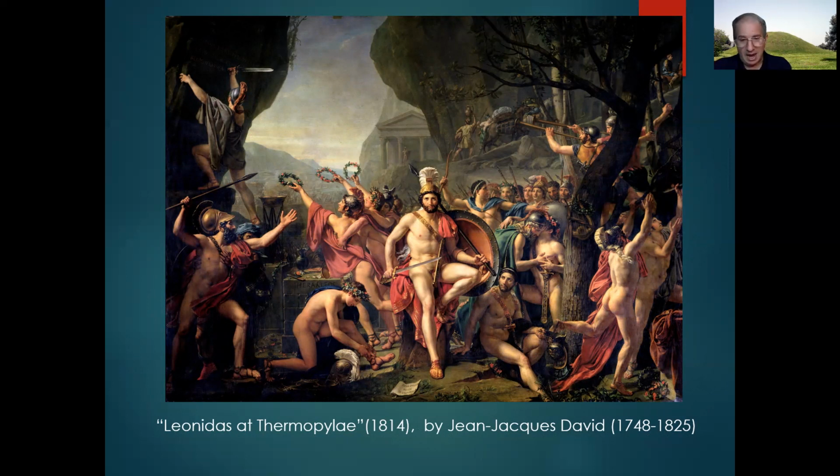And the year in which he painted Leonidas at Thermopylae, 1814, you can see, was one in which Napoleon, beaten in battle and pursued by the armies of several nations arrayed against him by this time, was waging a defensive campaign to stave off complete defeat. And so David chose the bravery and sacrifice by King Leonidas and his 300 soldiers, the 300 Spartans, to inspire the French in this hour of maximum danger.